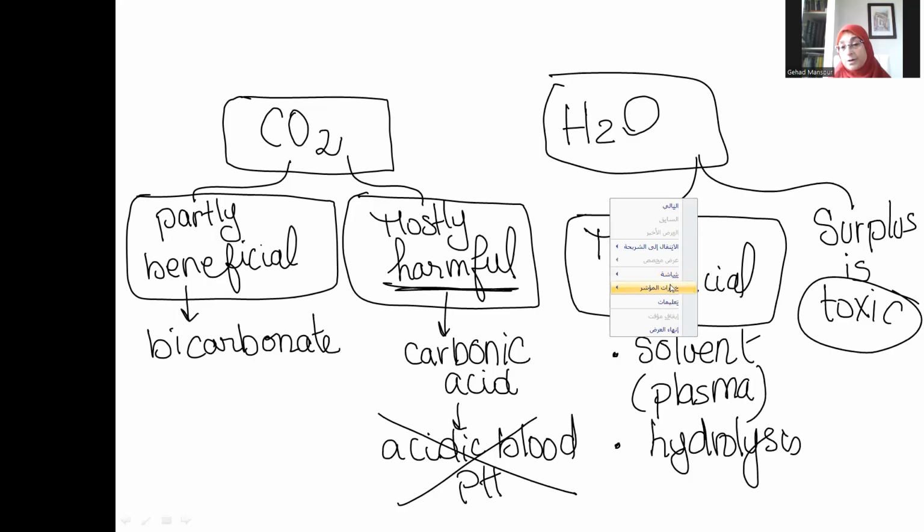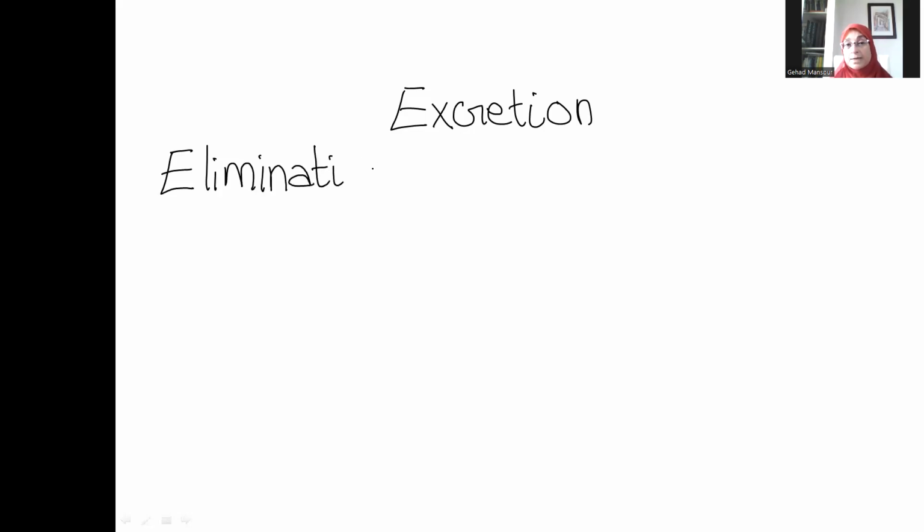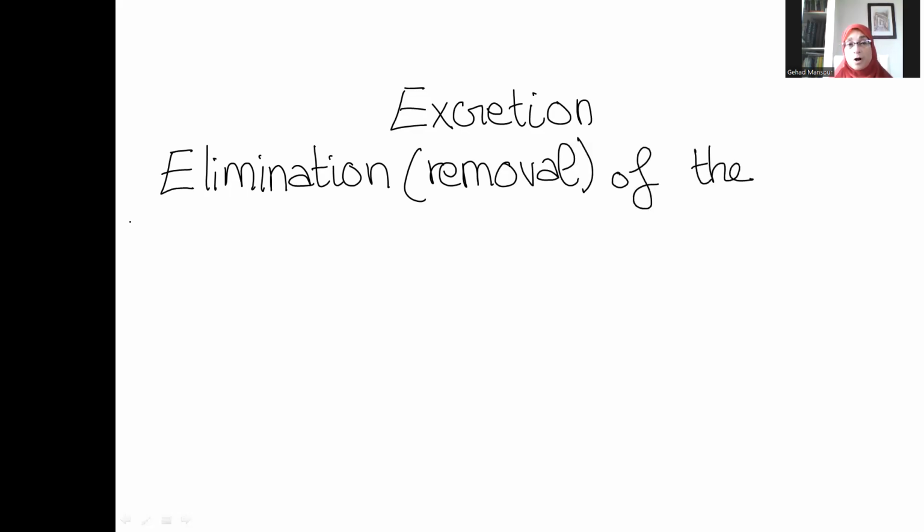And this leads us to the process of excretion. So what is excretion? Excretion is the process of elimination or removal. When we say elimination, we mean removal, and excretion is the process of elimination or removal of the unwanted or unrequired byproducts.